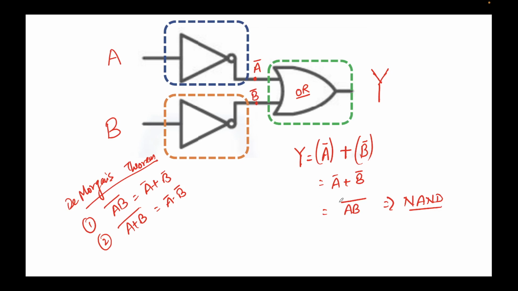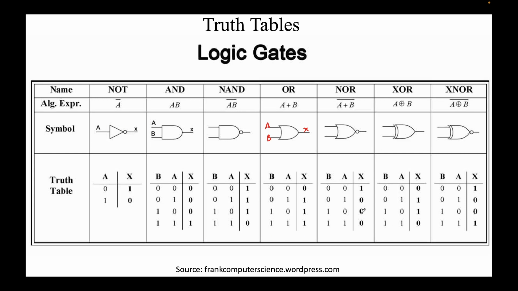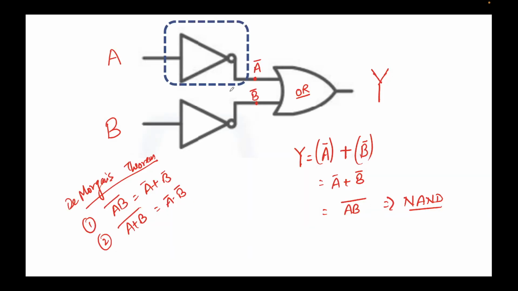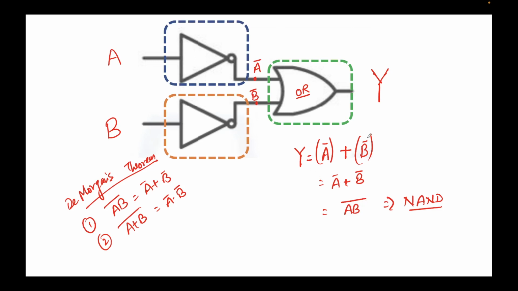The expression we came up with is AB whole bar, and if you go back to our previous slide, this is A, this is B, and this is the output X. We know that the output X can be written as AB whole bar, and this is the expression for a NAND gate, and we have obtained that the output for this circuit is AB whole bar.